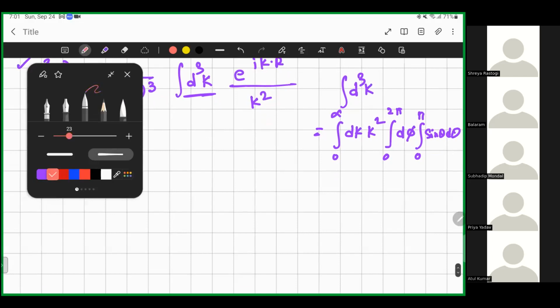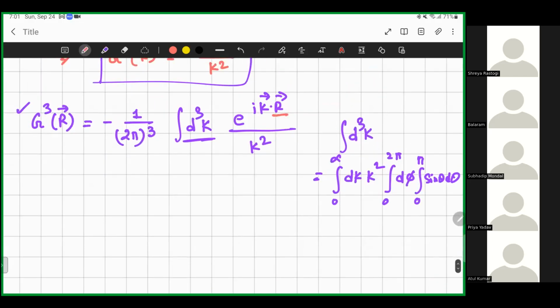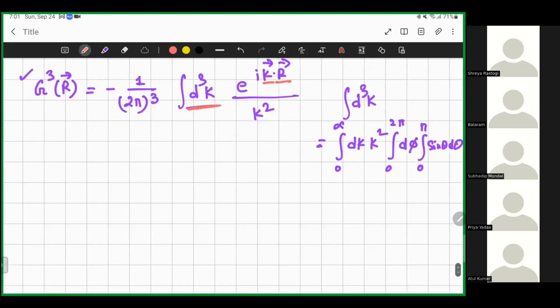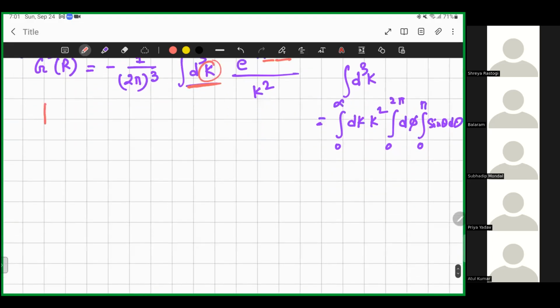We are considering that there are two vectors, the R vector and the k vector. But the integration is done over the variable k. We are assuming that the R vector is acting along this axis and k is acting in a random direction. Then this angle is theta, and this angle will be phi.